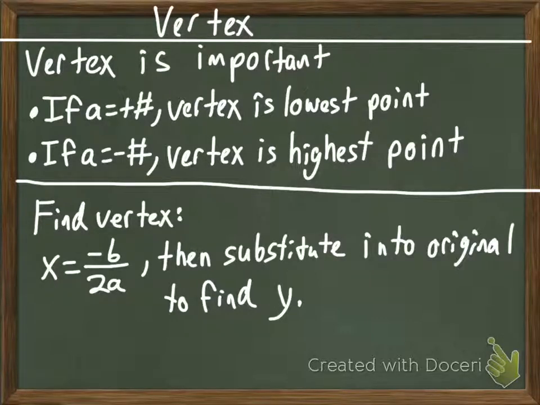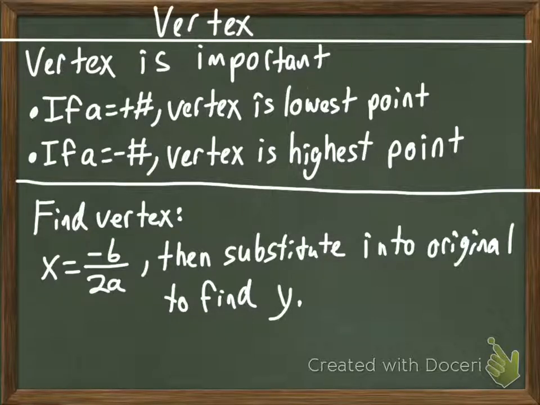We start out by finding the x coordinate. We know that the x is going to equal negative b over 2a. The opposite of b over 2a, which if you remember is actually a part of the quadratic formula. So again, we took a part of the quadratic formula and we're using it.